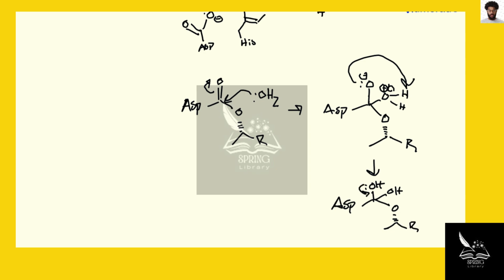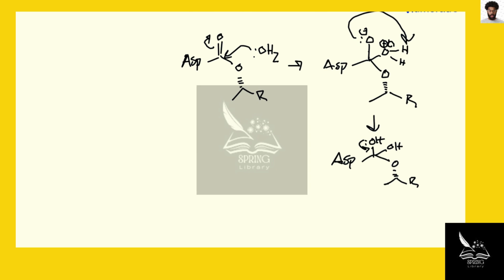Then this would push down to reform the double bond and just kick off basically our substrate, releasing the substrate. Like so. Right, at which point the substrate is negatively charged.